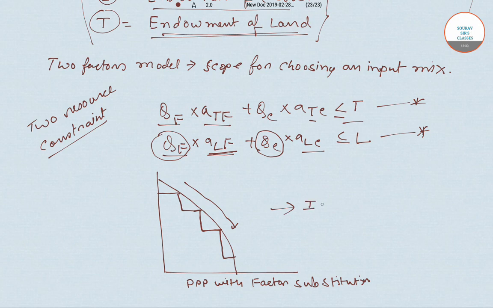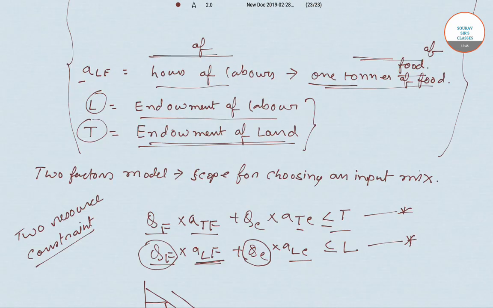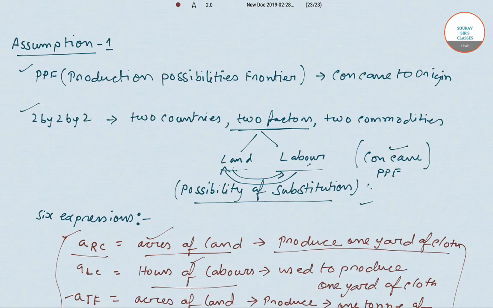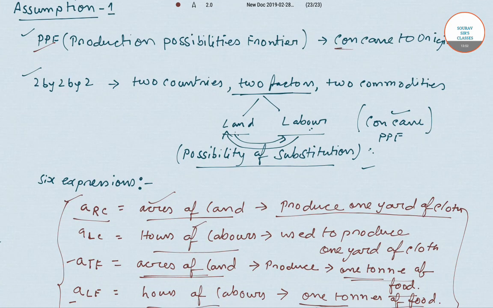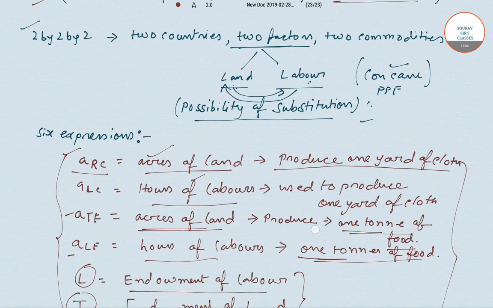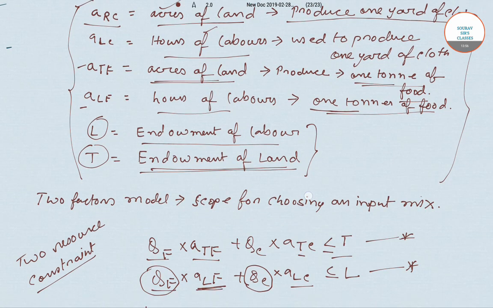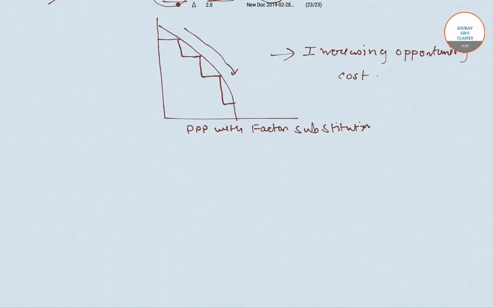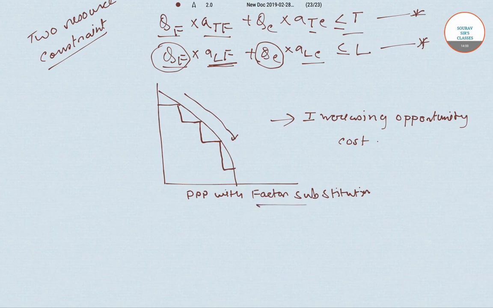So I hope you guys have understood the first assumption, which says the production possibility curve is what? It is concave to the origin. And why does this take place? Because of 2 factors. There is this possibility of factor substitution.